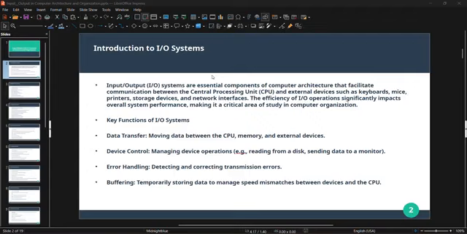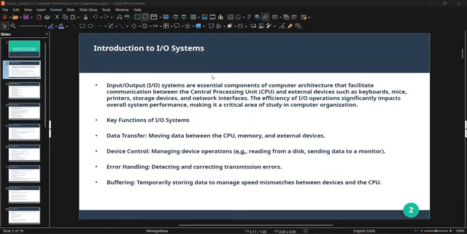Now, here are the key functions of the input output system. You have data transfer, device control, error handling, and buffering. Data transfer is the moving of data between the CPU, memory, and external devices. Device control is the management of device operations, for example, sending data from the keyboard to the monitor when you are typing, or reading from a disk during data transfer.